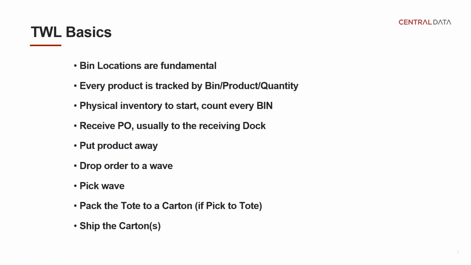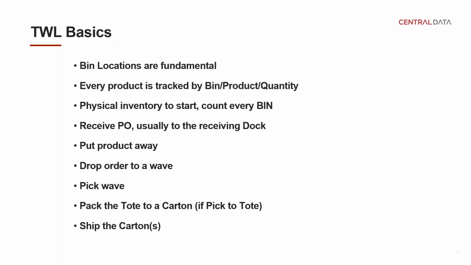And that's the other fundamental thing about it, is your inventory with TWL is tracked by bin, product, quantity. So if I have 3 skids of product and they're in 3 bins, or maybe I have 2.5 pallets of product, and let's say there's 60 on a pallet, and I have 30 here, what we would call maybe the primary pick, it knows I have 30 here, I have 60 in this aisle up on the 4th level, and the next aisle over, I have another 60 in the 3rd level up.